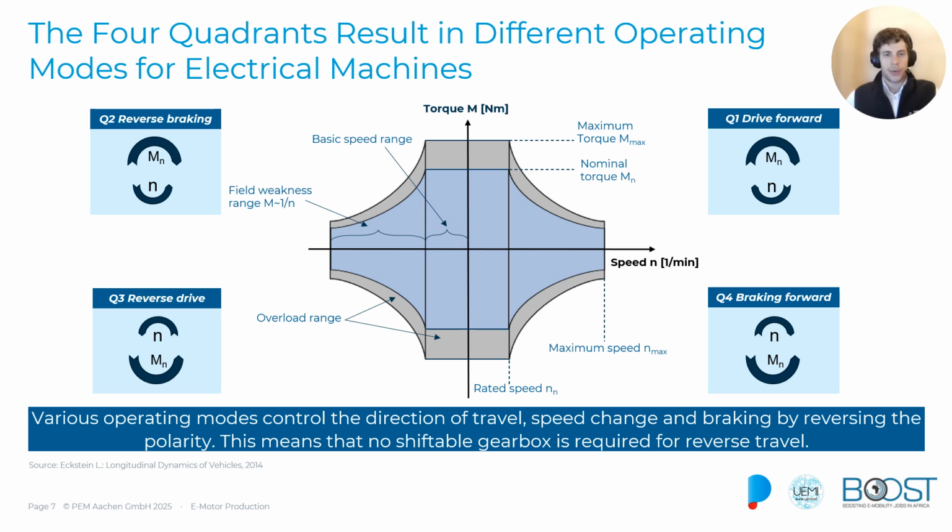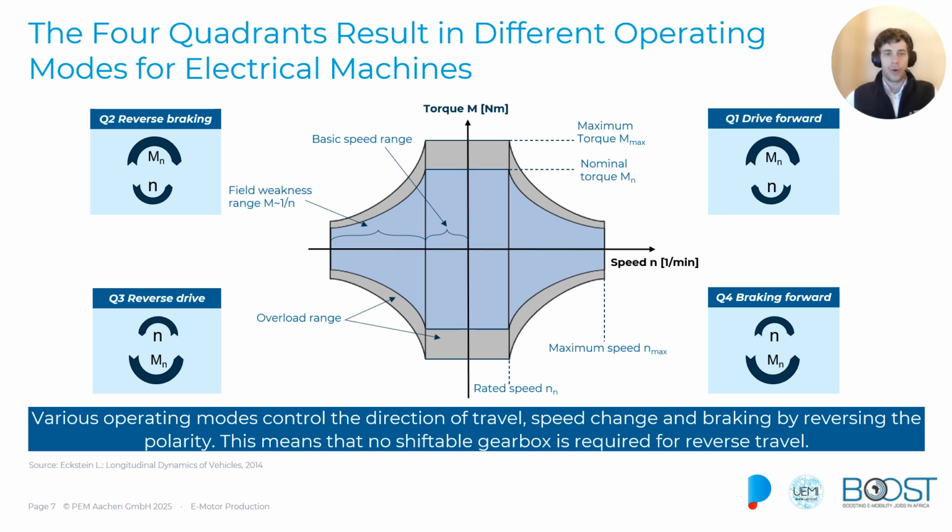On the left side, we see the opposite. In Q3, we drive backwards simply by changing the direction of the rotation of the magnetic field in the stator. This shows that no shiftable gearbox is required for electric vehicles for driving backwards.